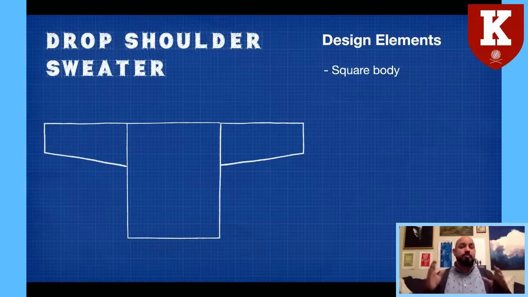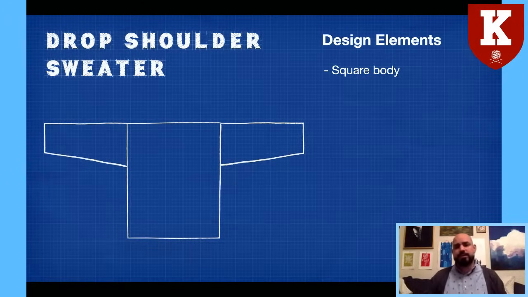So the main characteristic of this is that the main body is square, or rectangular, okay? It doesn't have any shaping at the shoulder seam, and neither do the sleeves for where they connect to the body. So it's basically a T shape, but you are going to knit the sleeves separately and then add them to the body.